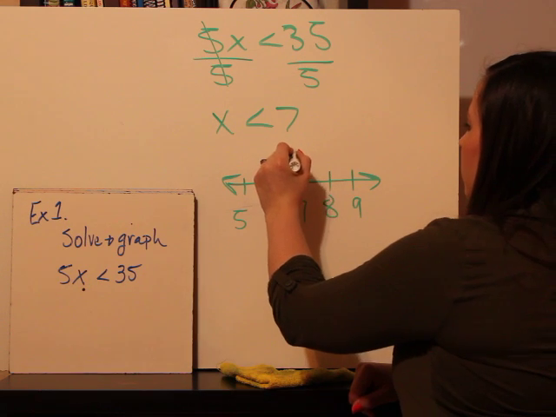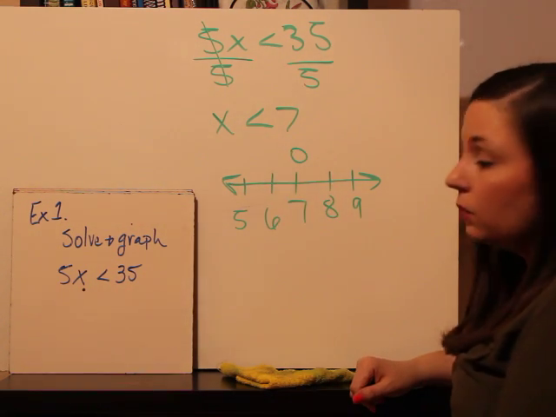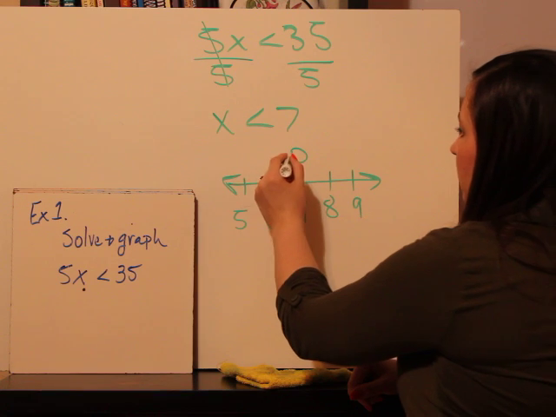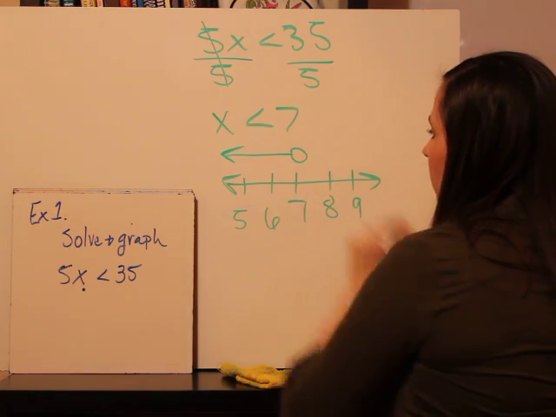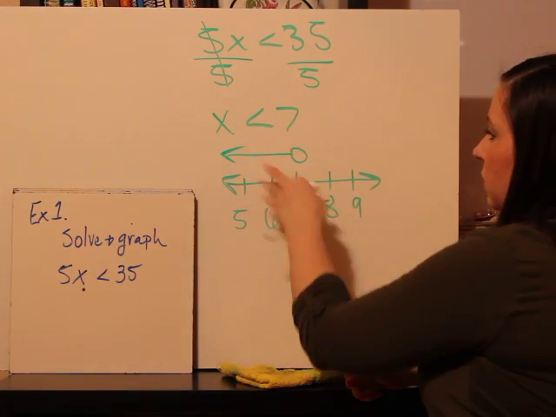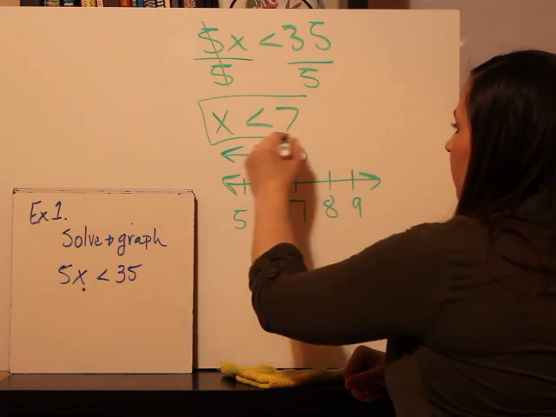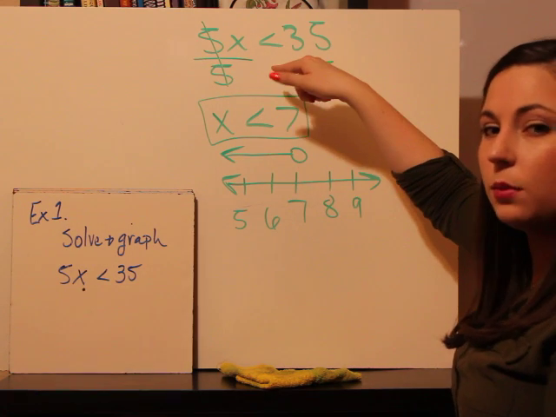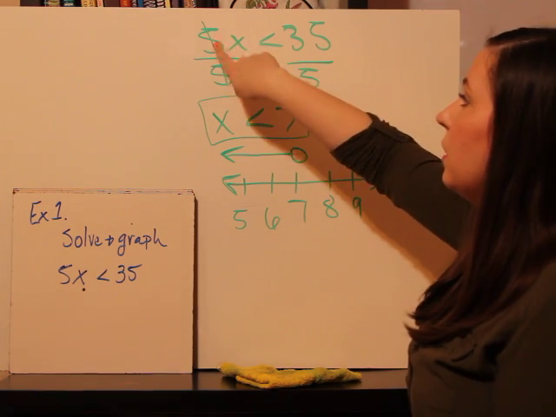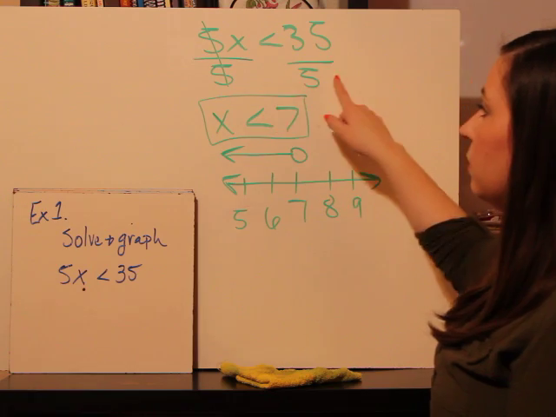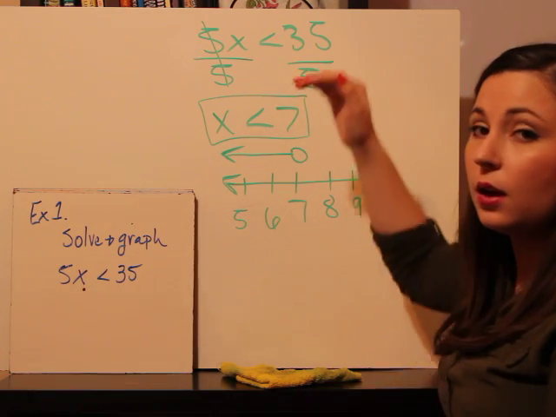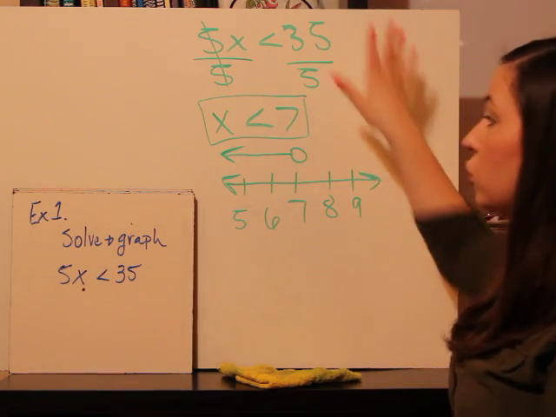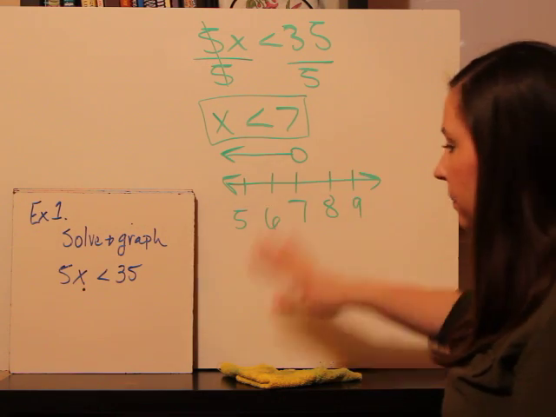So it's an open circle. And for less than, we shade to the left. So x is less than 7. There's your graph. So we had 5x, which meant 5 times x. To undo the multiplying by 5, we had to divide by 5 on both sides. And again, I need to see your work shown exactly like this.